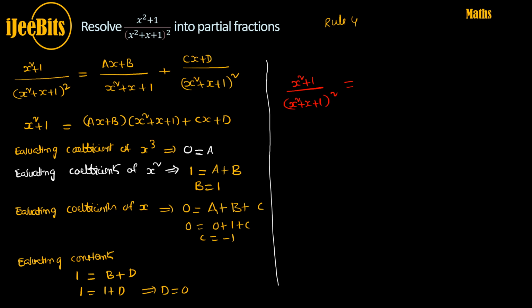Now we know a, b, c, d, so we have to plug in the values. A equal to 0, so the ax term is 0, and the b value is 1, so ax plus b becomes 1 over x square plus x plus 1, isn't it? Plus cx plus d. What is the c value here? C is equal to minus 1, so I have to put a minus here.